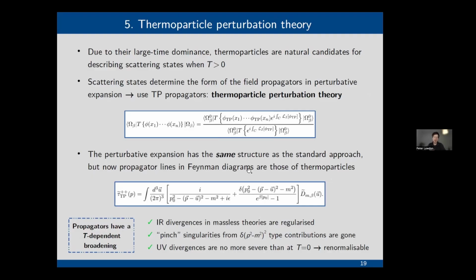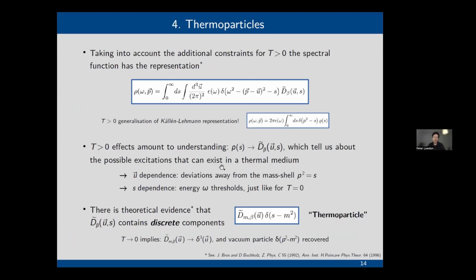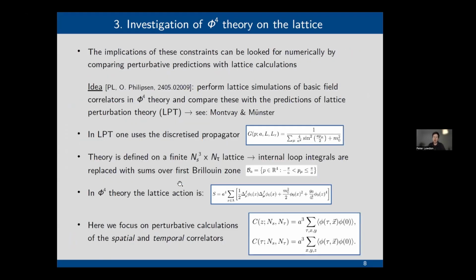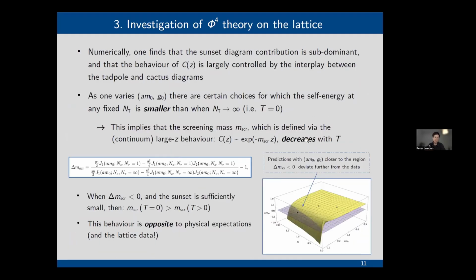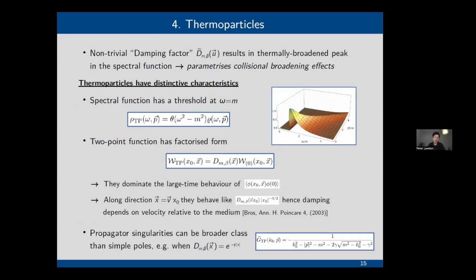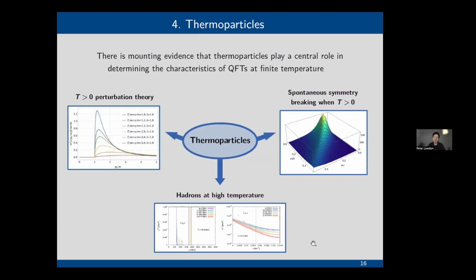And interestingly, the diagrams have exactly the same topology as the standard approach, except now every time that you have a line, so if we were to create this diagram, for example, here, this propagator now would be replaced by a thermoparticle propagator, which doesn't have the standard 1 over p squared plus m squared form, but has a more complicated form that knows about the temperature of the system and also encodes the interactions of your system. So for example, something like this would be the basis of your perturbative expansion.